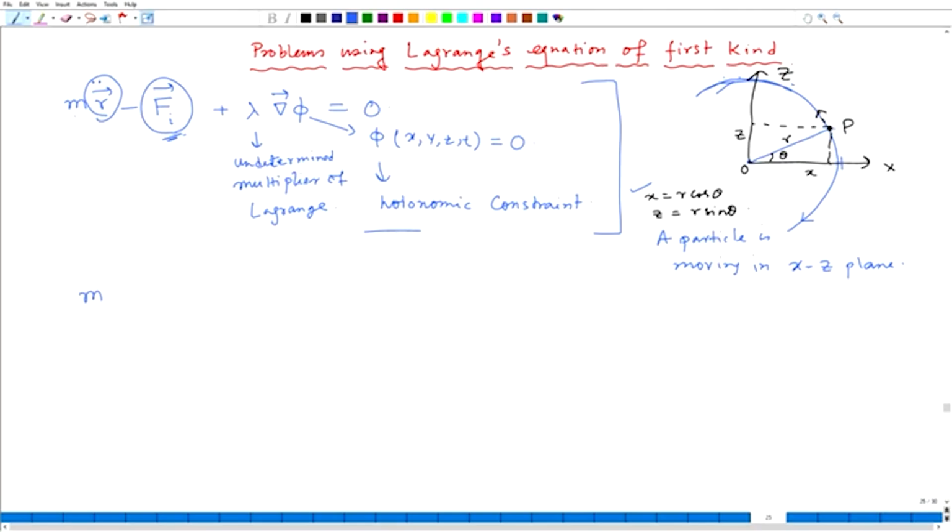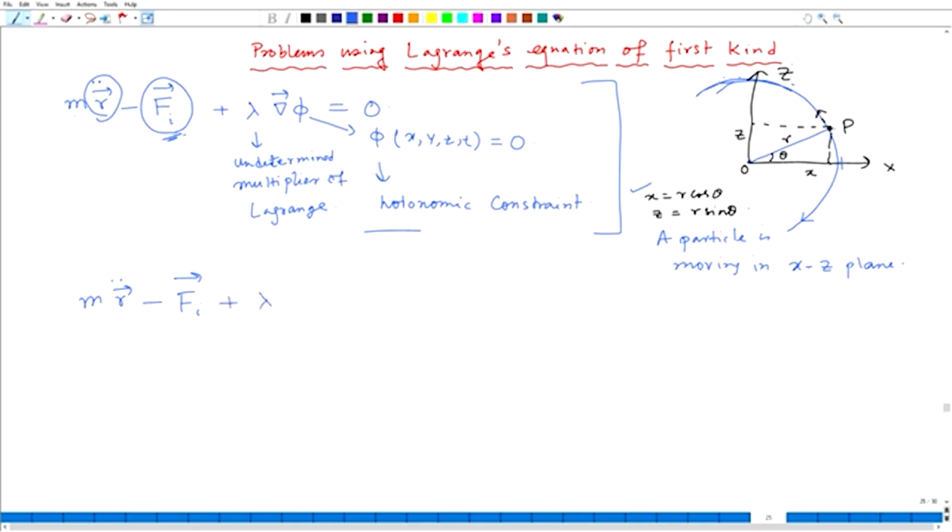So, I can say that this small r is a constant. So, m r double dot minus f, plus lambda.